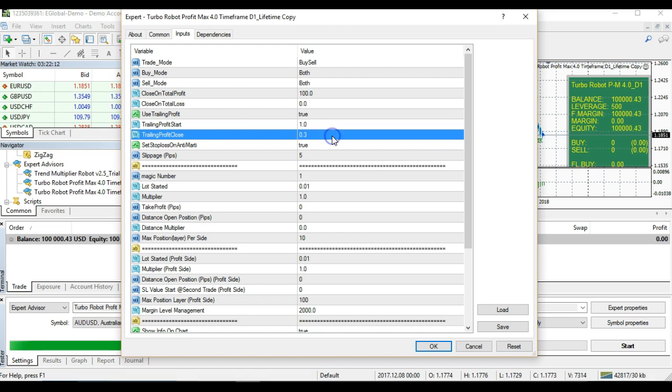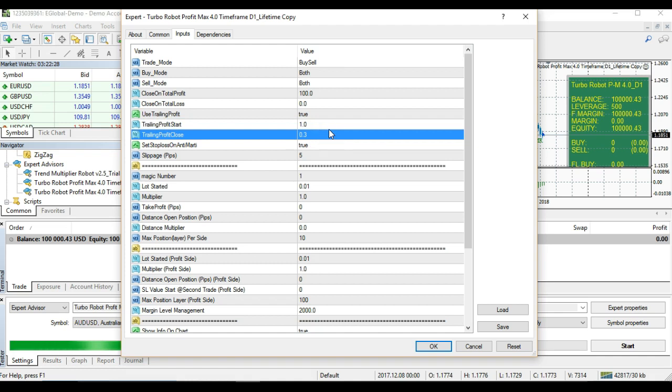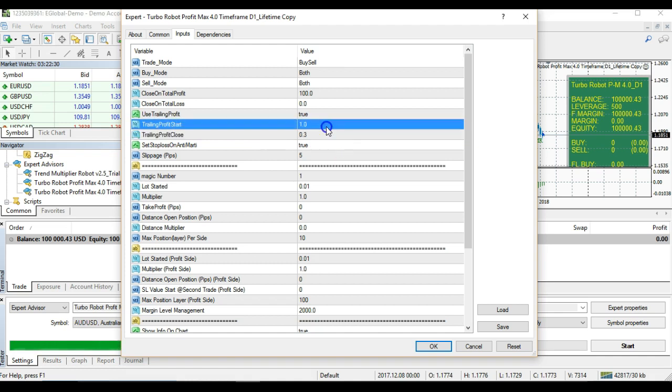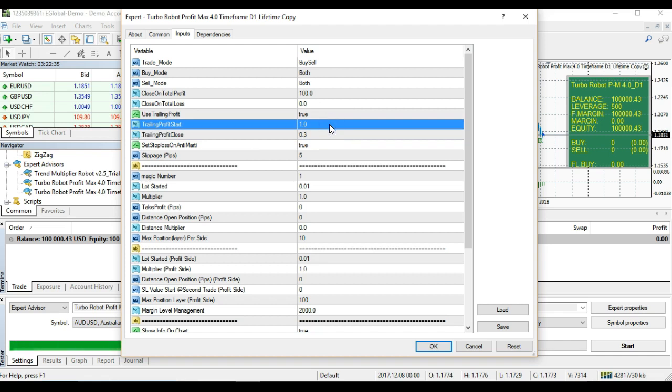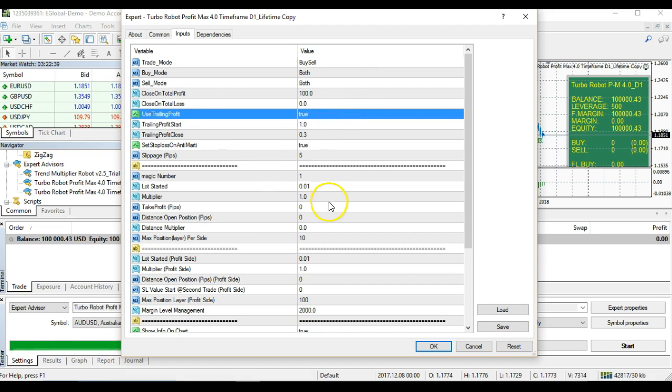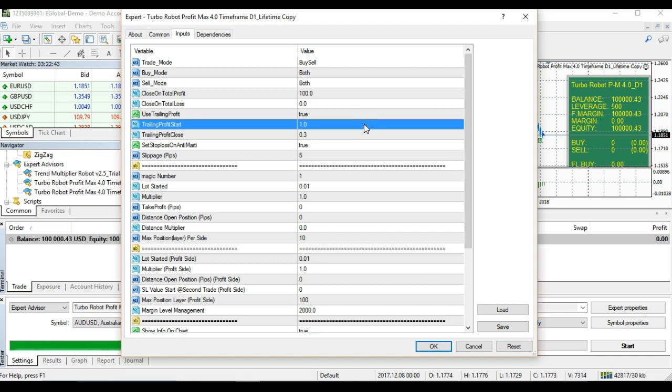And the moment the market drops back, you have a minus. I explained this previously in another video, so I hope you understand this portion. This setting is mainly for using it without martingale, with that take profit.